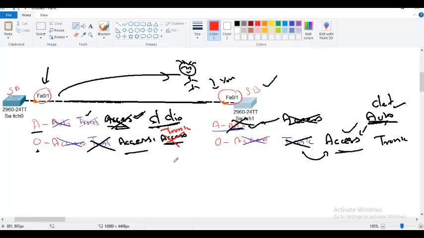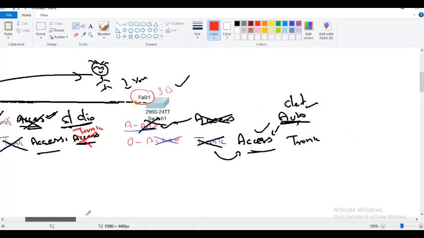Access. Then this will continue as access. This will remain access. Did you understand dynamic desirable? This dynamic desirable is not an option in other vendors. It is only an option in Cisco.